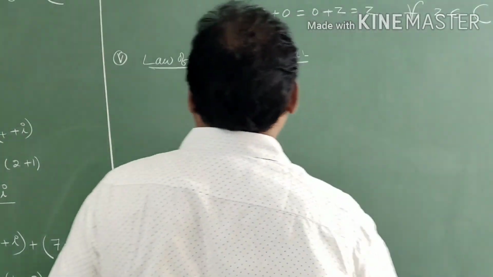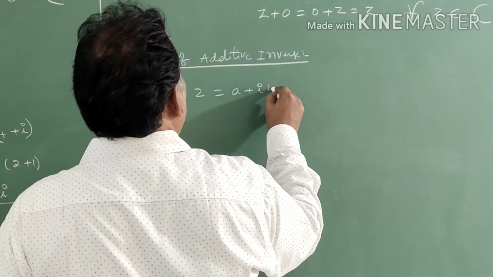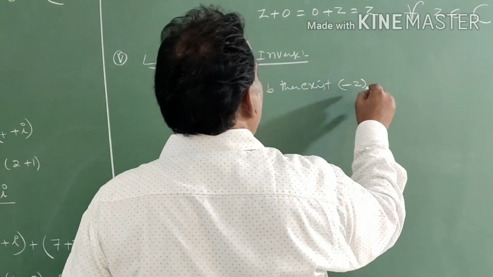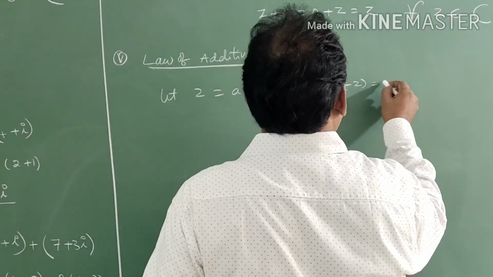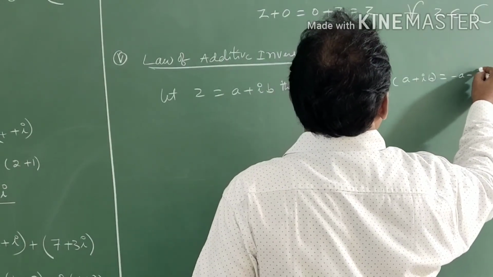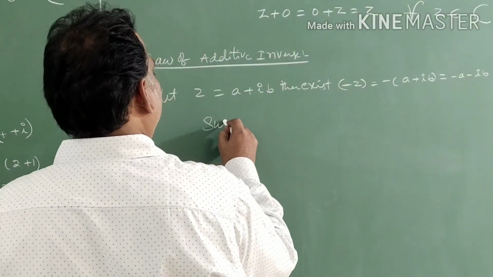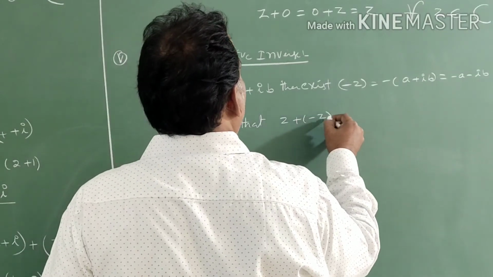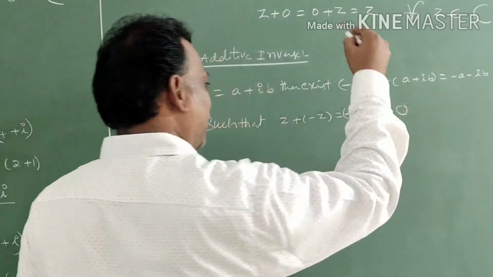Suppose z is equal to a plus ib. There exists minus z, the negative of a complex number. Minus of a plus ib is equal to minus a minus ib. Clear, students? Such that z plus minus z, or minus z plus z, is equal to 0.